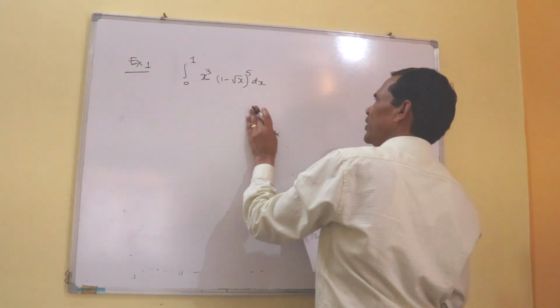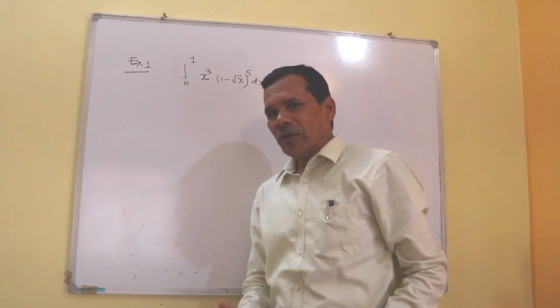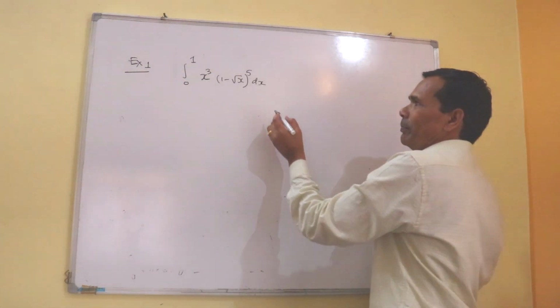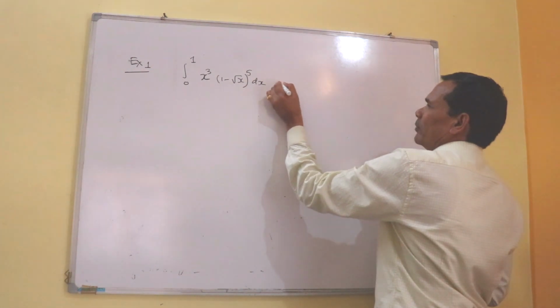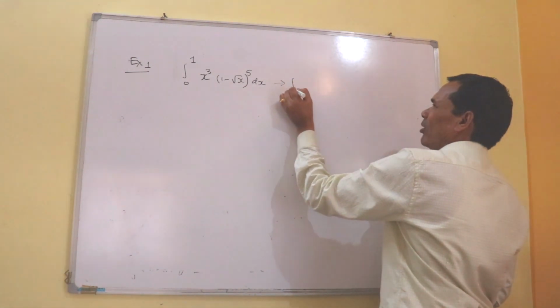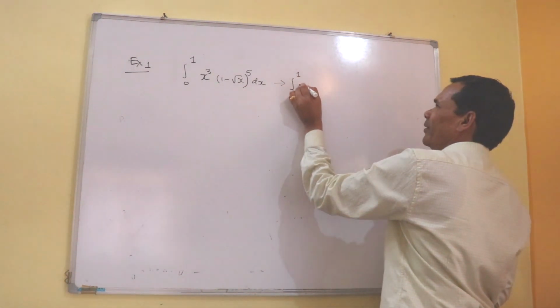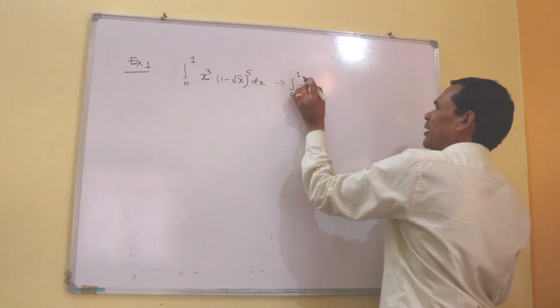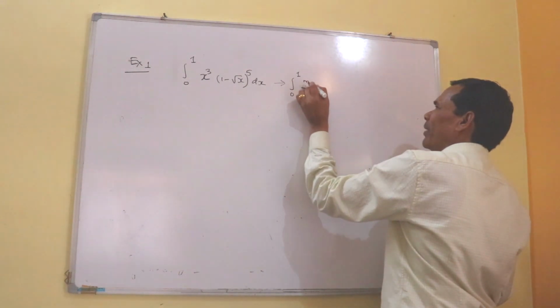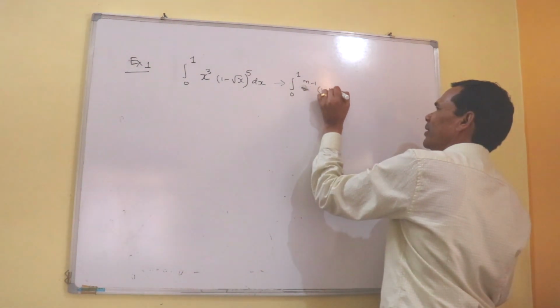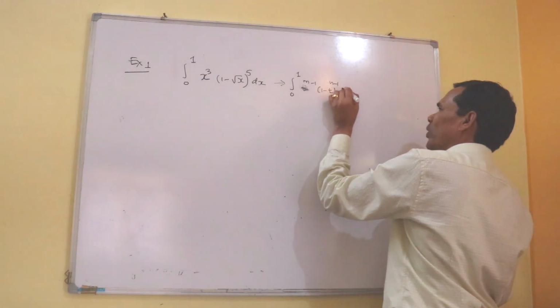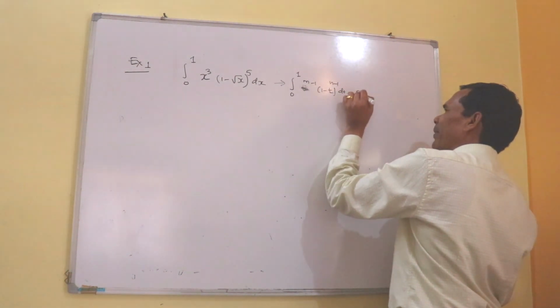So if you observe this integral, it is reducible to beta. Now you know the basic integral of beta function, 0 to 1 x raised to m minus 1 or t raised to m minus 1, 1 minus t bracket raised to n minus 1 dt. This is beta m, n actually.